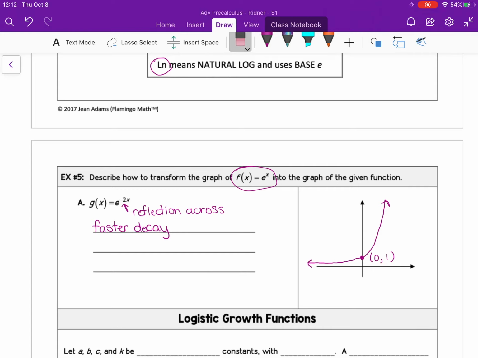I said that was a reflection across x, and it sure isn't. It is a reflection across y. Remember, x would be a negative out front, and this is not out front, so just remember that. So that means that it would look more like this. So this one would be g of x, and this would be f of x.